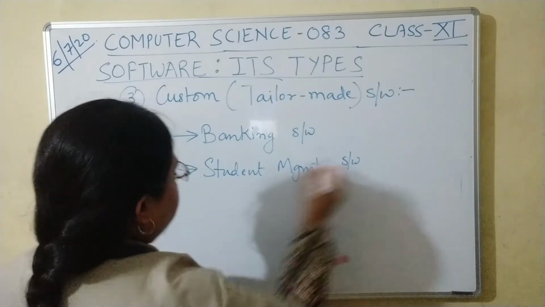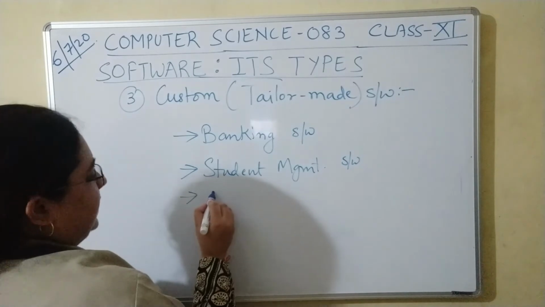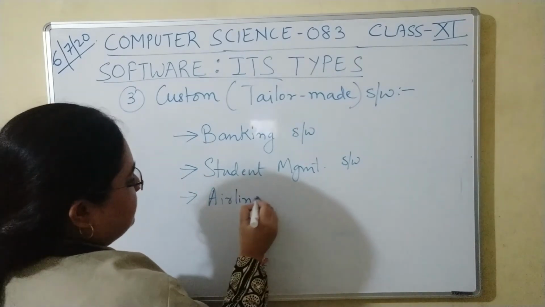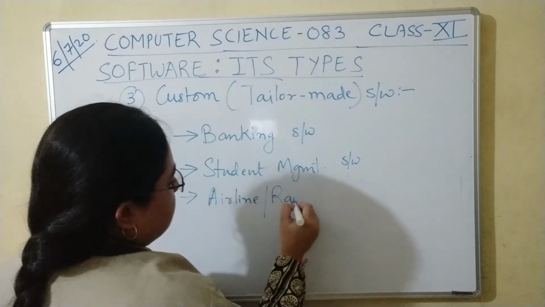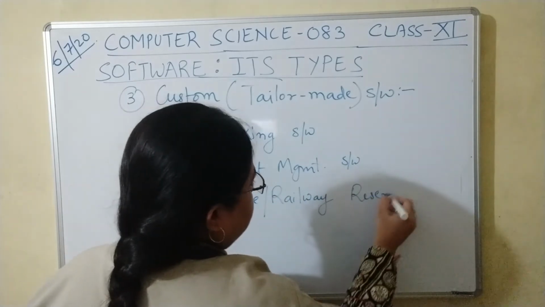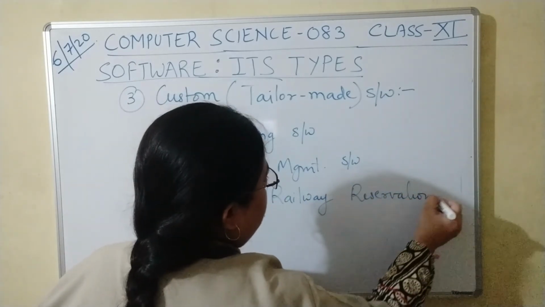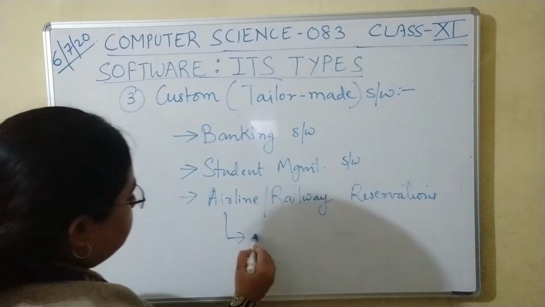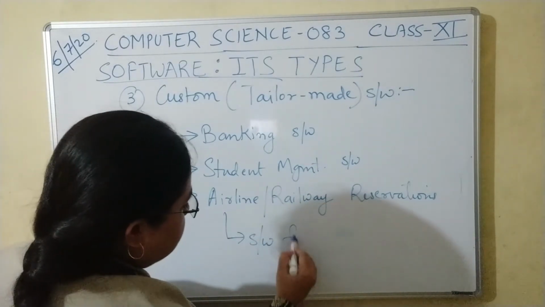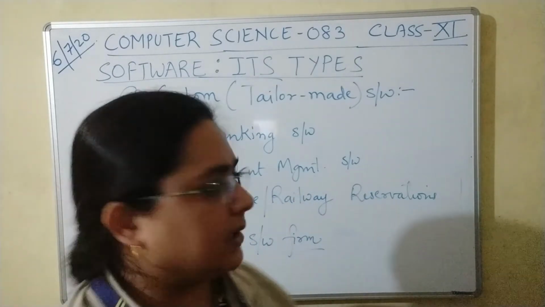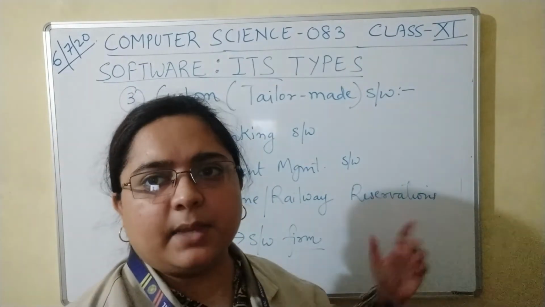The type of software used by airports for airline reservations or railway reservations by railway stations. So these softwares are not available everywhere. You have to contact a software firm for these, and you have to pay them a lot of money so that they can custom make or tailor make the software.